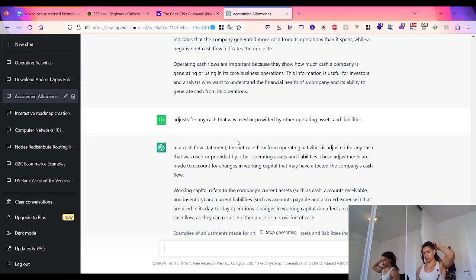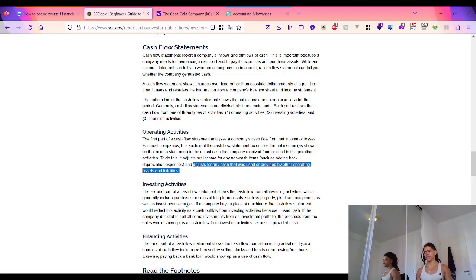So when the SEC, or whoever provided this text, talks about operating activities, they mean the first part of the cash flow statement.